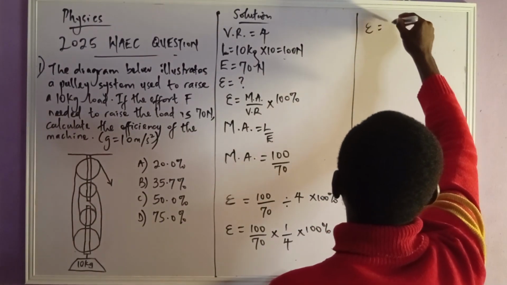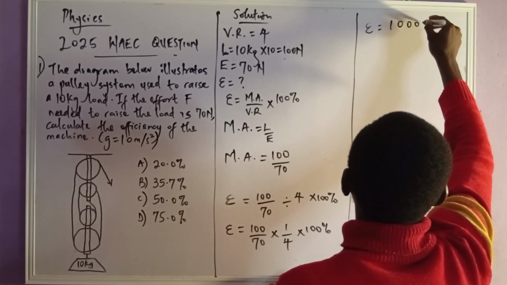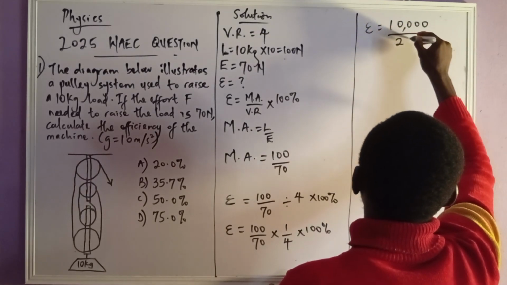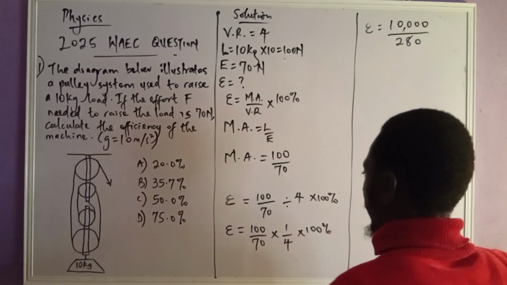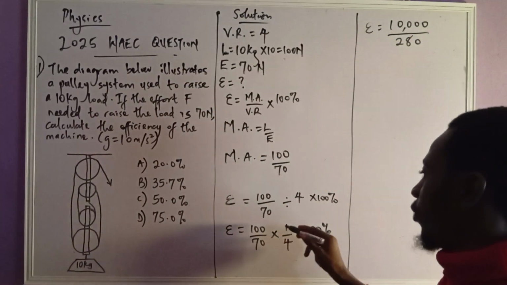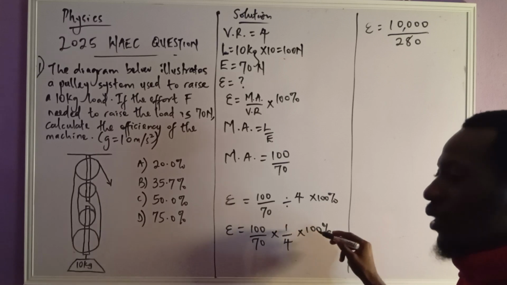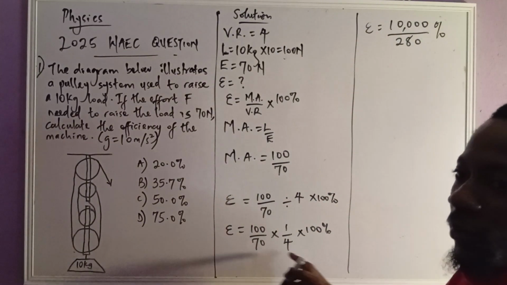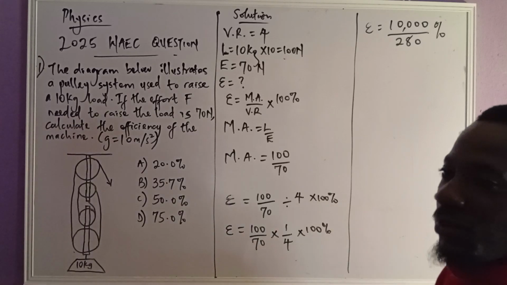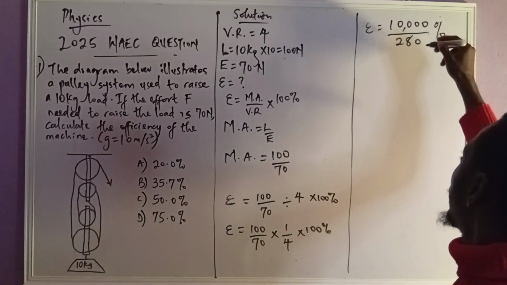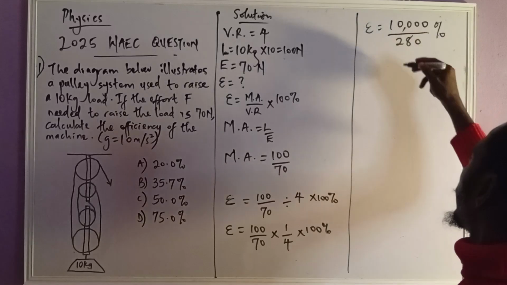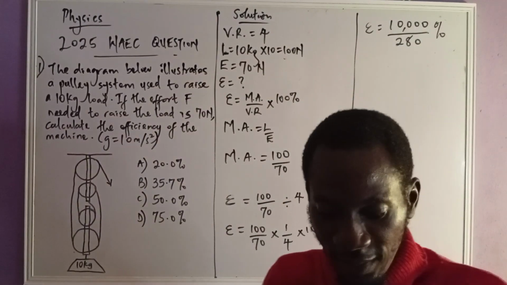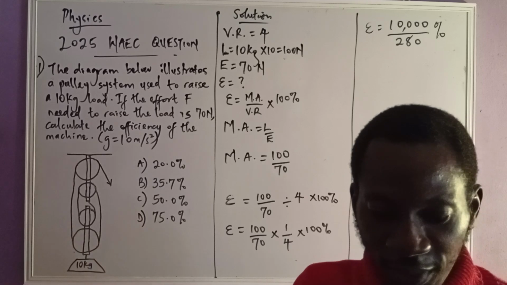Efficiency is equal to 10,000 divided by 280, because the numerator will multiply the numerator here and multiply by 100, everything in percentage, and the denominator will multiply the denominator. That is how it is being done mathematically. So I have 10,000 divided by 280. Quickly, you can just pick your calculator and solve it.